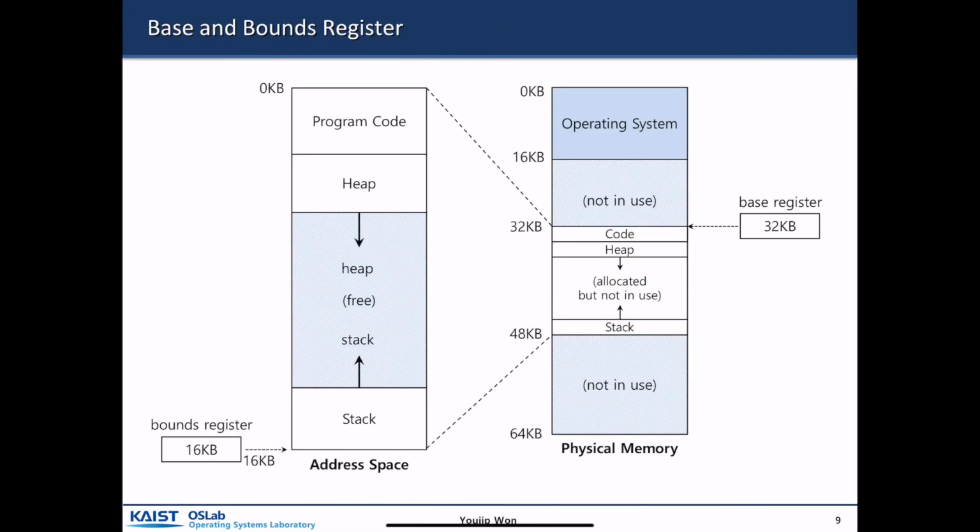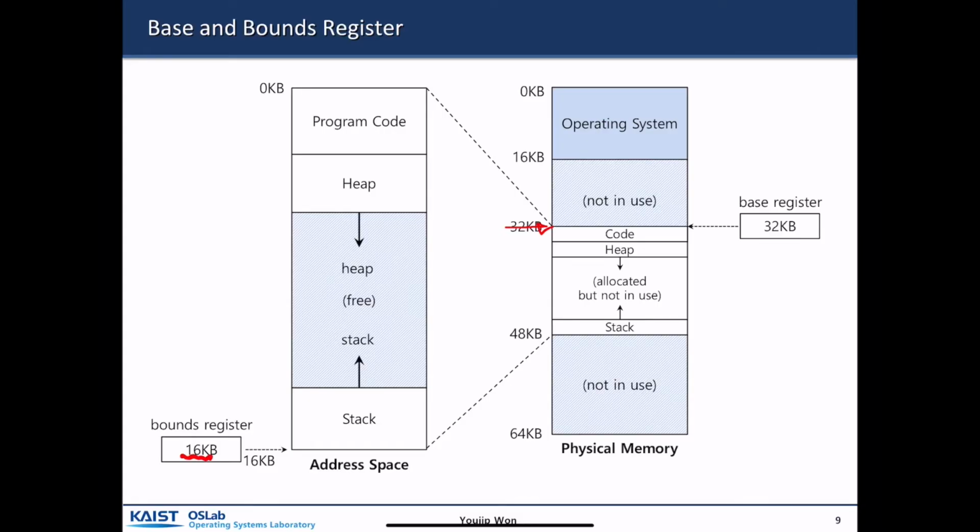For dynamic relocation, the hardware provides two registers, the base and bound registers. The base register denotes the starting address of the virtual address space in the physical memory, and the bound register denotes the valid address region starting from the base.